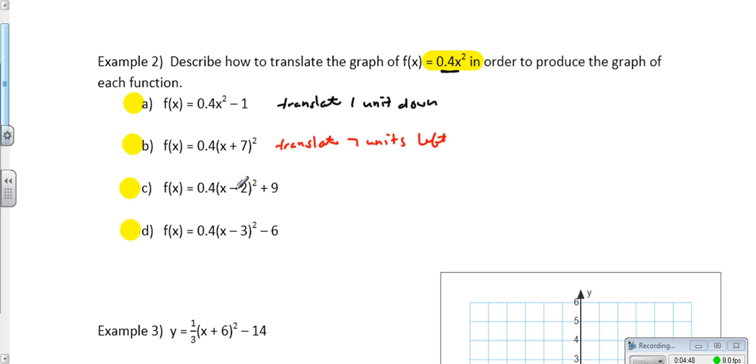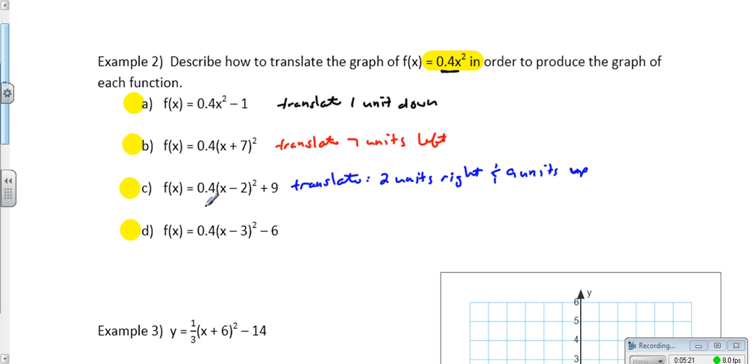If we look at the inside of the parentheses first, I'll do 2 things at once, 2 units, and it's -2. Left and right movement is inside the parentheses, so -2, opposite effect. So 2 units right and 9 units up, because it's outside the parentheses, as is vertical shift.